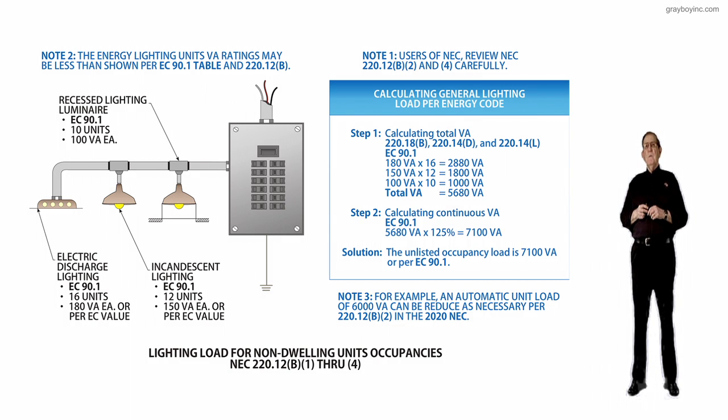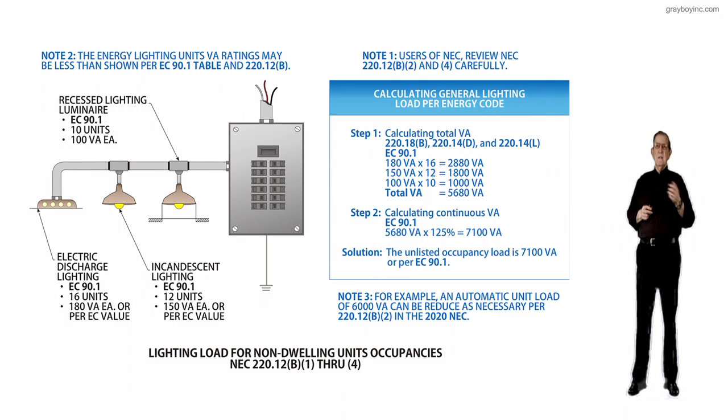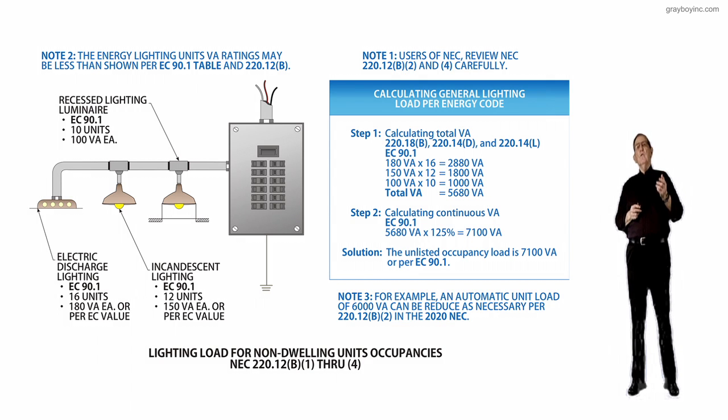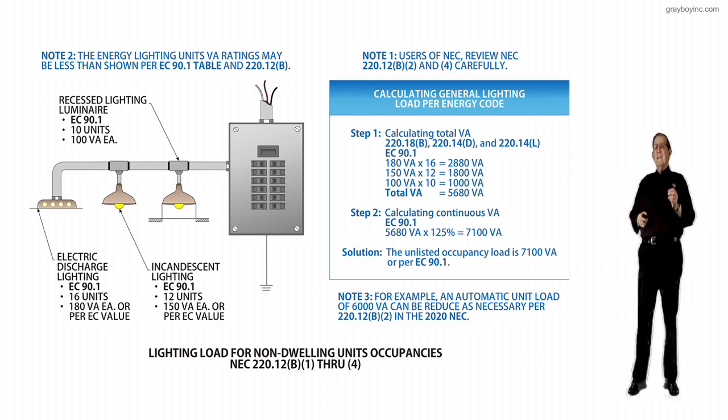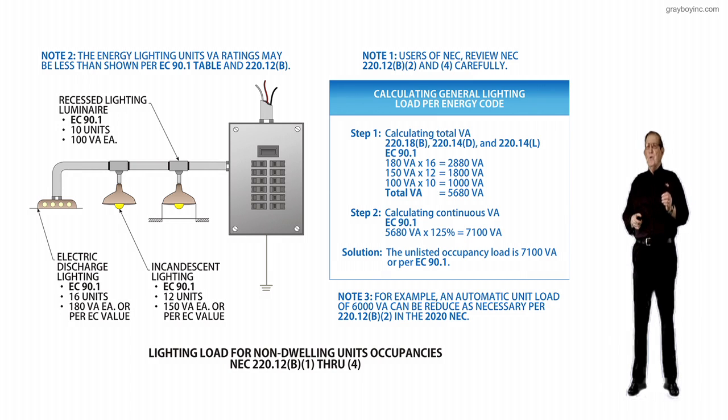Now, the informational note says for stores, offices, and things like that, we would refer to retail facilities. And so in Table 220.12, for an office with 15,000 square feet, notice that it has been reduced from 3.5 VA to 1.3 VA.